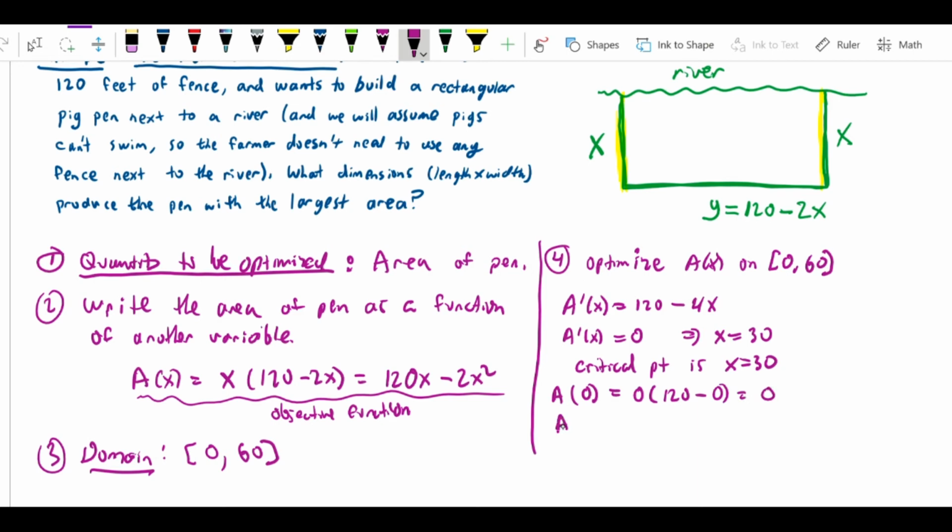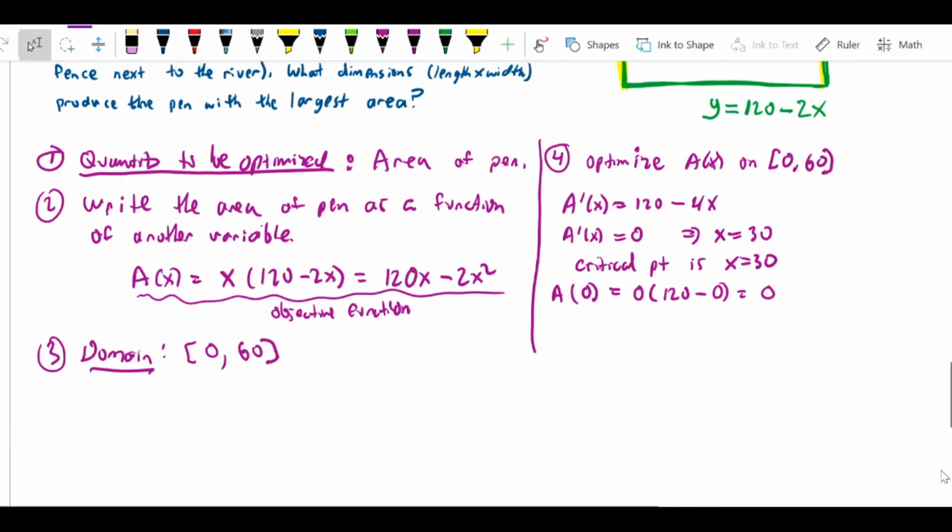That's what we predicted. In other words, if I choose x to be 0, I have a pen that has no area. Now we're going to evaluate A at the other endpoint, which is 60. That's going to be 60 times 120 minus 2 times 60. That gives us 60 times 120 minus 120, or 60 times 0, which is just 0.